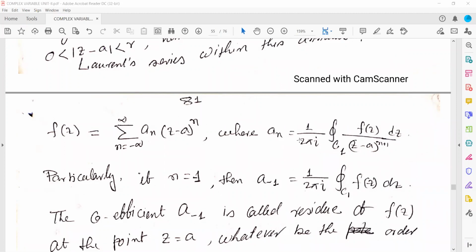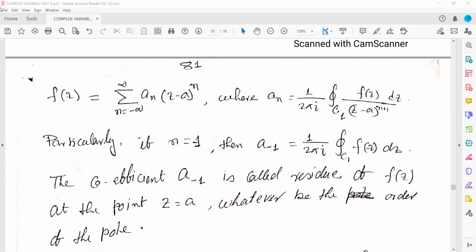And what is a_n? a_n is equal to 1 upon 2 pi i, line integral over the circle C1, f(z) by (z minus a) to the power n plus 1, dz. This is the formula that you have already got. Now, particularly, if I put n is equal to minus 1, let's see what you are getting. a_minus 1 will be 1 upon 2 pi i, line integral; minus 1 plus 1 will be 0, so (z minus a) to the power 0 is 1.